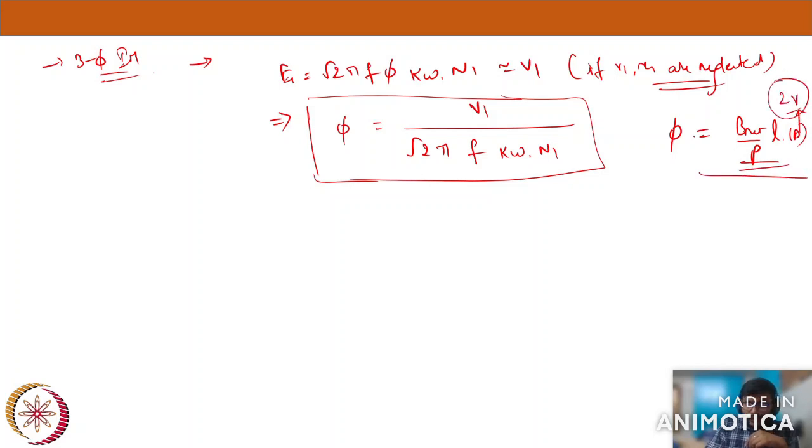Now let's say this is the flux we need to establish in the core so that it will be magnetized. What we are trying to say is, the strength of this magnetic field B net will remain the same from no load to full load operation. No load to full load means open circuit condition to short circuit condition or full load operation.